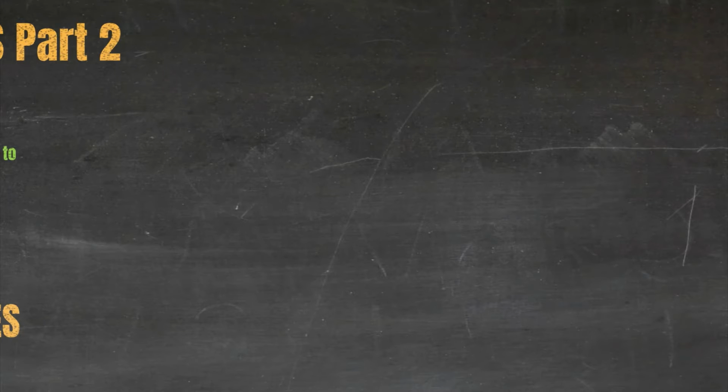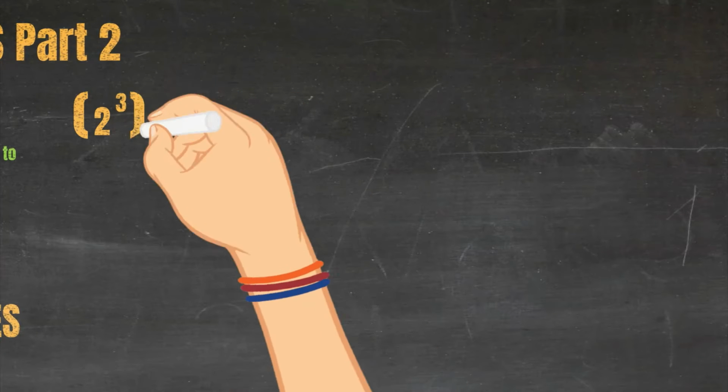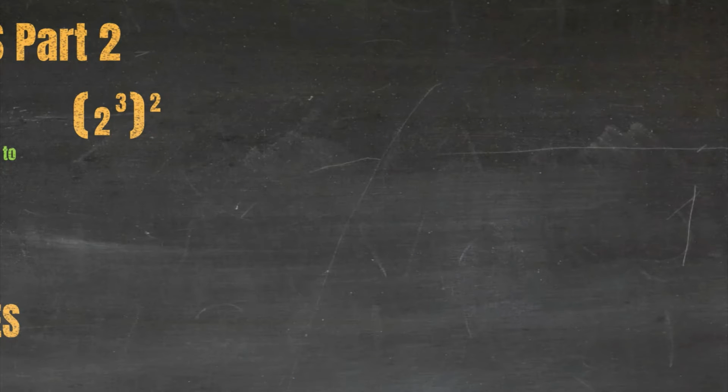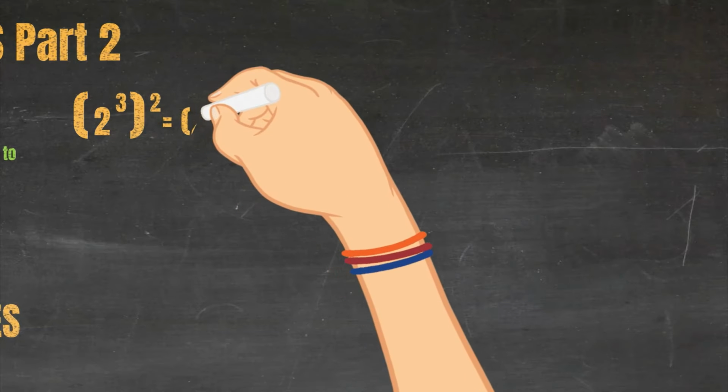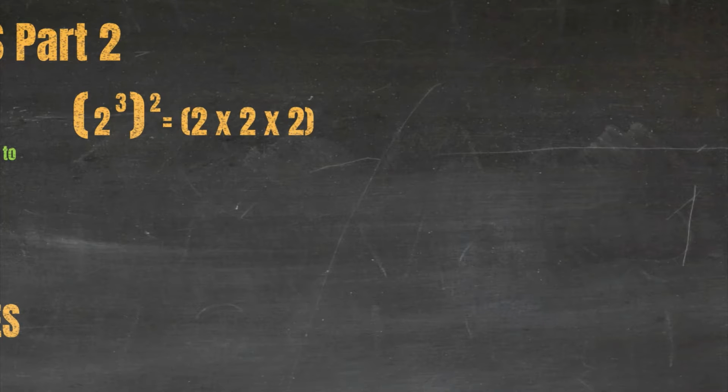What if an exponential expression is raised to another power? Example: 2 cubed squared. In this example, we know that 2 cubed is equal to 2 times 2 times 2. Therefore, 2 cubed squared is equal to the quantity of 2 times 2 times 2 squared. This means we have to multiply 2 times 2 times 2 by itself.